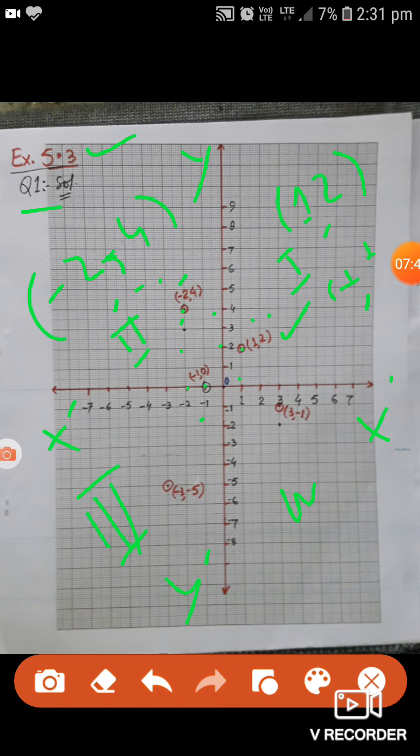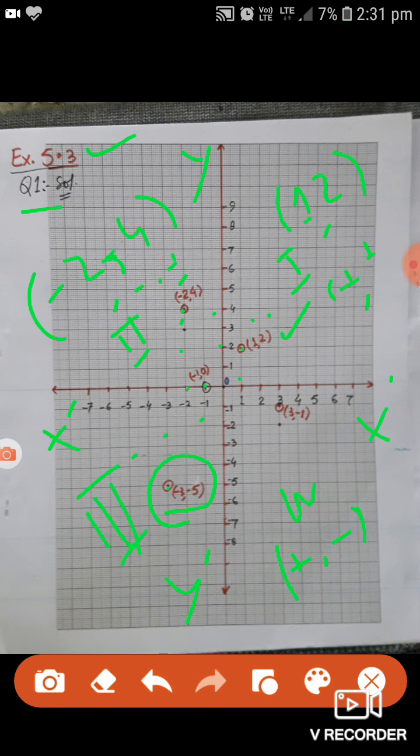Over here negative positive, over here both negative, and over here positive and negative. So the point (-3, -5) lies over here: -3 on the x-axis and -5 on the y-axis meet at this point.